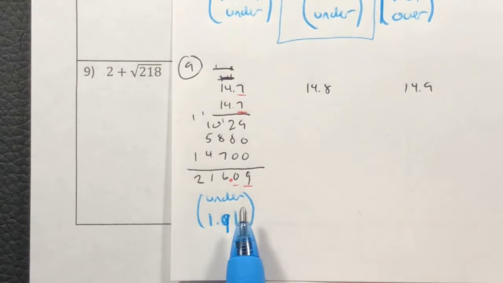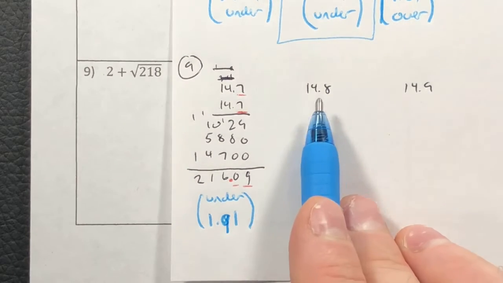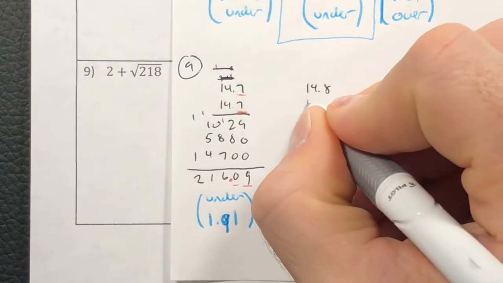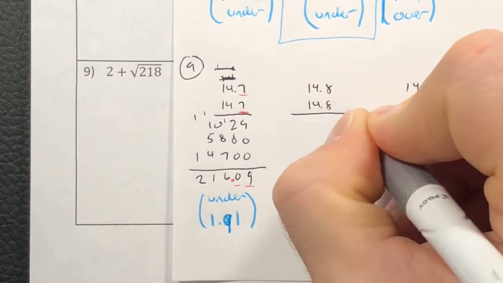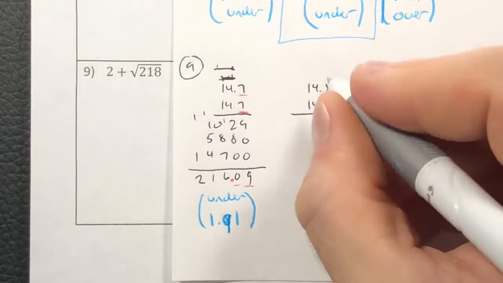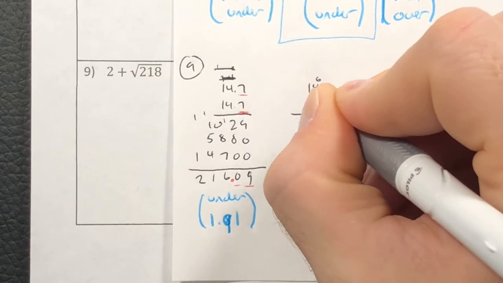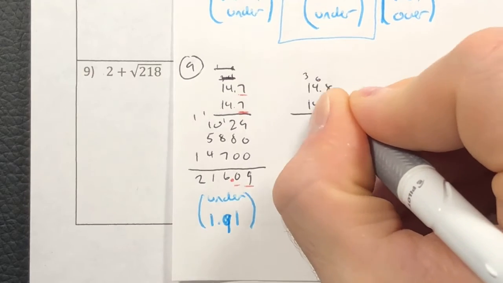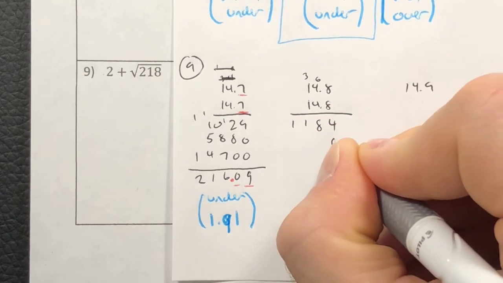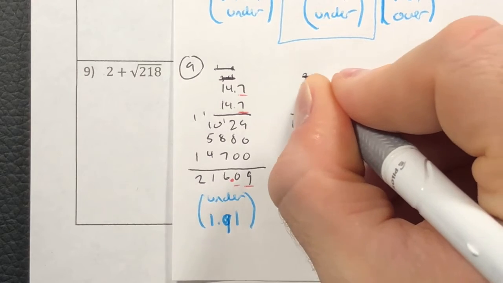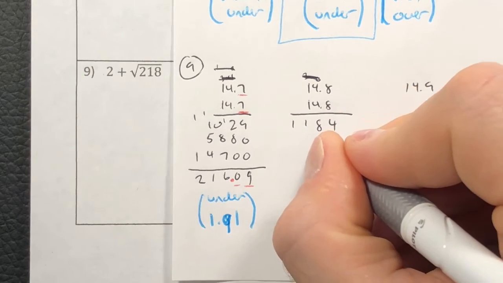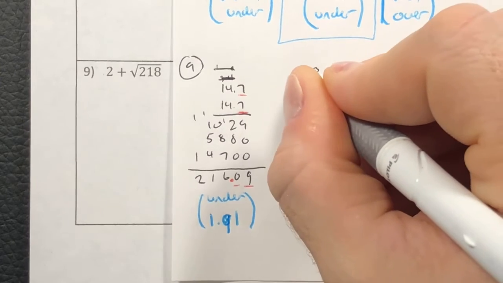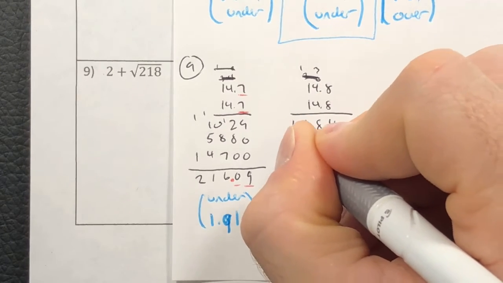Okay, so I'm really close right here. I'm only a little bit under. If I move up a little bit, I should get a little closer, if not pass it up. So I'm hoping that I'm going to pass it up so that way I can be done. 8 by 8 is 64, carry the 6. 8 by 4 is 32, plus 6 is 38, carry the 3. That's 11, hold the 0. 8 by 4 is 32, carry the 3, that's 16 plus 3 is 19, carry the 1. 4 plus 1 is 5.